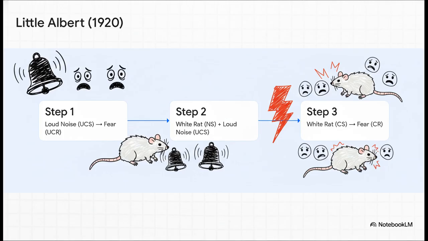They took a neutral thing, a fluffy white rat, and repeatedly paired it with a horrible loud noise that scared the baby. Pretty soon, just the sight of the rat alone made Albert cry. He'd been conditioned to fear it. Now, while this gives us powerful evidence, it's an absolute goldmine for AO3 evaluation because, wow, the ethical issues here are massive. They created a phobia in a child and never even deconditioned him.